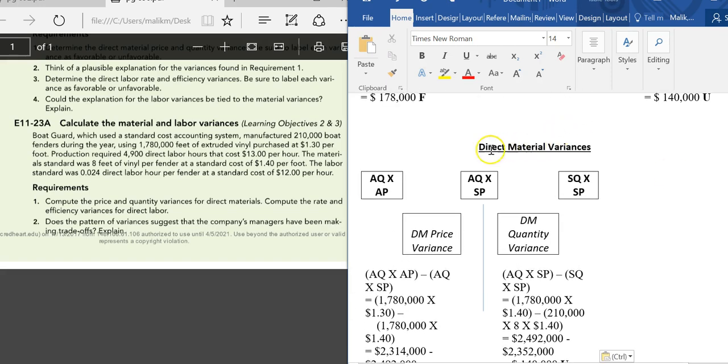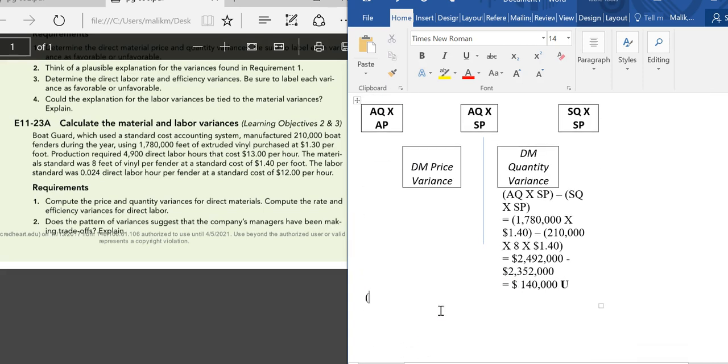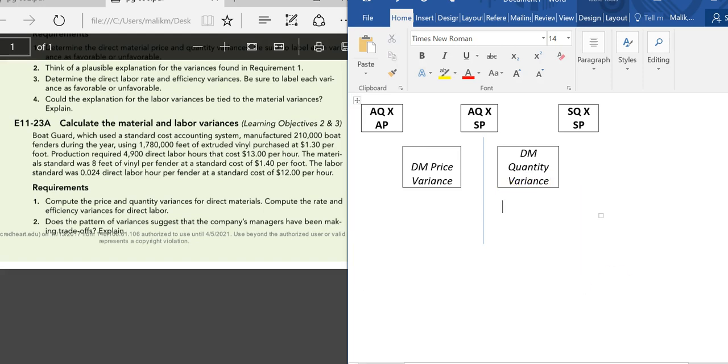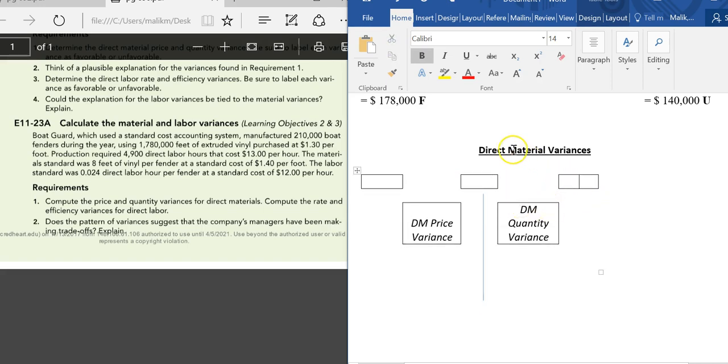I am copying this one so that it would be a little bit convenient for me, and sometimes it's hard to do all these problems by using this Word document rather than doing it on hand. So now I will just delete all those, and of course we all will do it again together. And now we are doing direct labor variances.